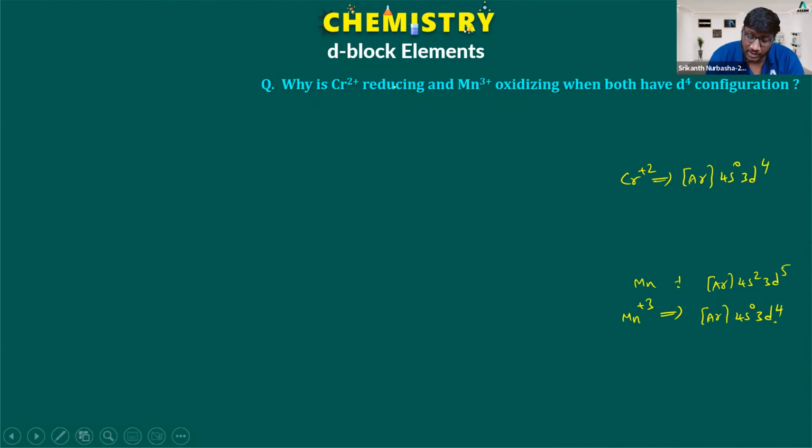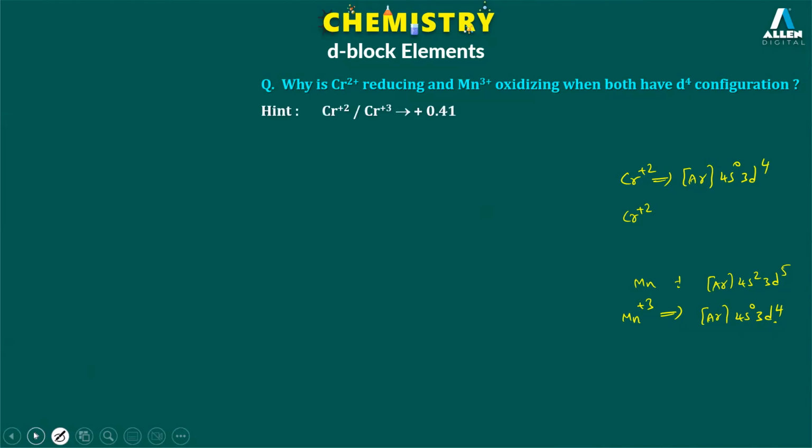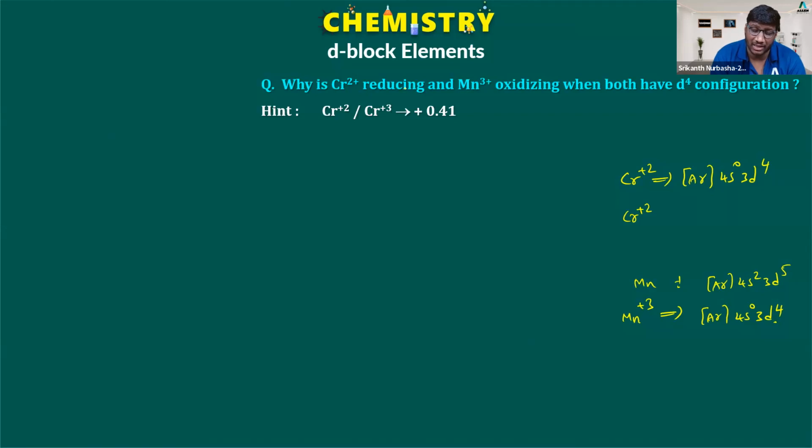Cr+2 is reducing. What do you mean by reducing? It is acting as a reducing agent. That means Cr+2 is reducing something else, so by itself it will undergo oxidation, yes or no?